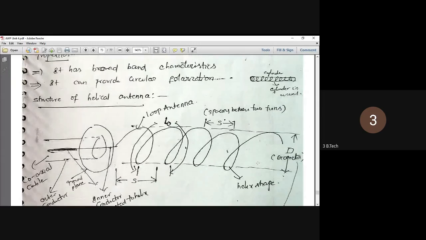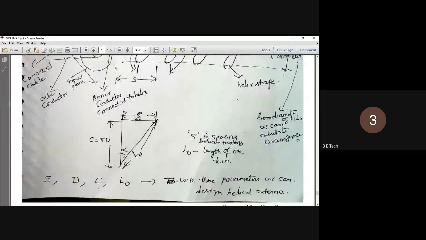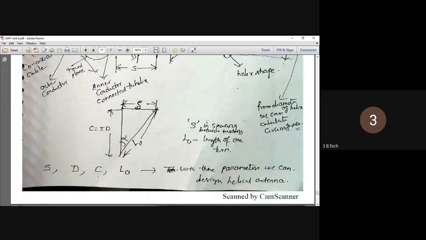First one is spacing, S you can see. For every 2 turns, the spacing you have to maintain. Similarly, for one complete loop, it is L0, and you can calculate the diameter D. So here you can see they have taken 1 turn.